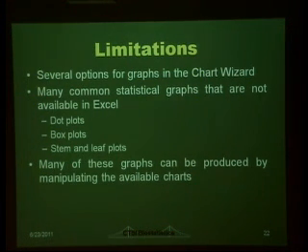There's the box plot, which we would use to determine if our data is symmetric and whether we have any outliers in our data. And there's the stem and leaf plot, which is just another variation of a bar graph. Now, if you do a lot of manipulation with the available graphs in Excel, you can find some way to get them out, but it's very, very difficult to get some of these out.